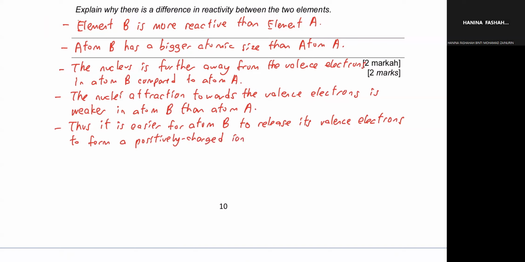You can either say this, to form positively charged ion, or you can say to achieve stable octet electron arrangement, also can. You can say either this or this.